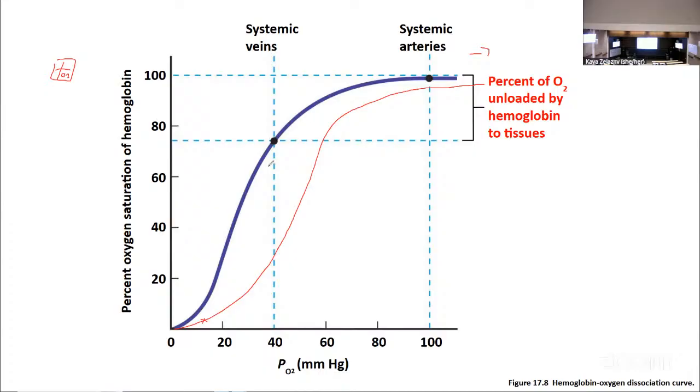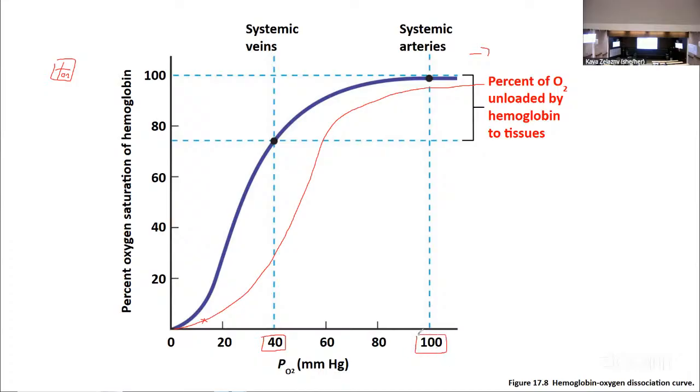Okay. So if we read this new curve under this rightward shift, we're not going to be thinking about the arteries and veins as having different partial pressures. We're going to see that this is related to other factors. So we're still going to be reading this graph at 40 for the veins and 100 for our arteries.